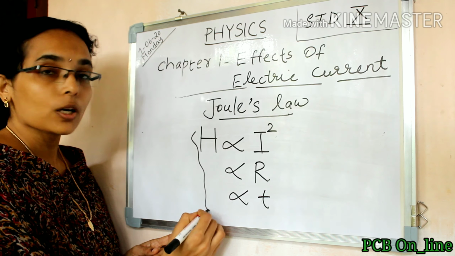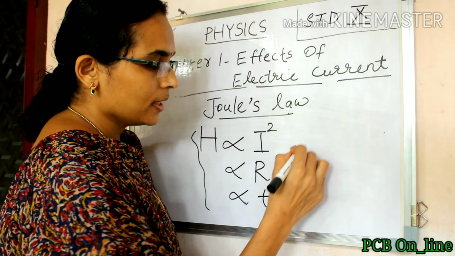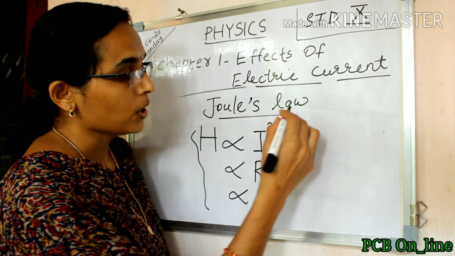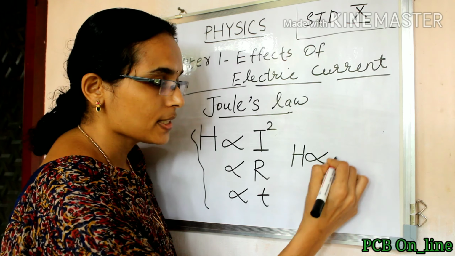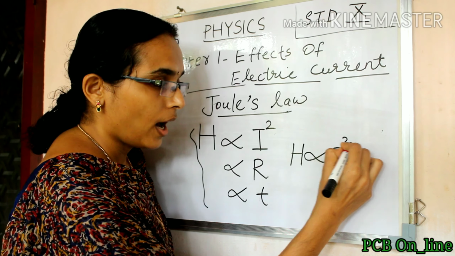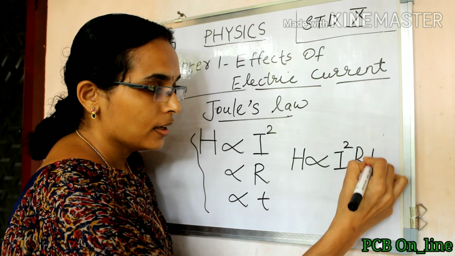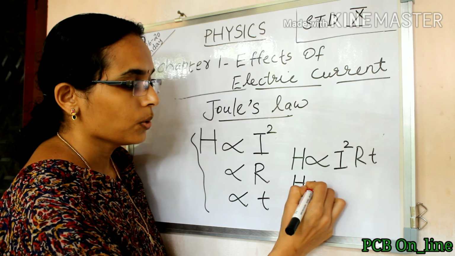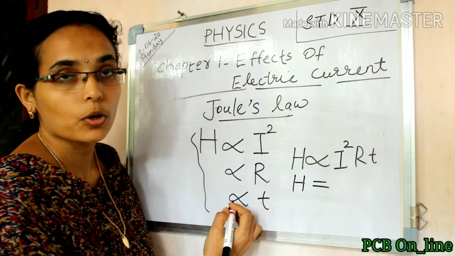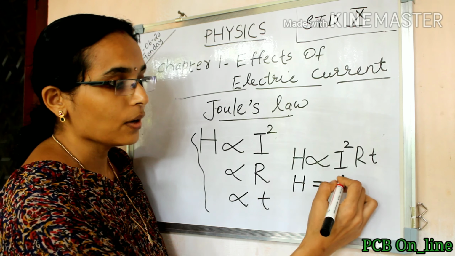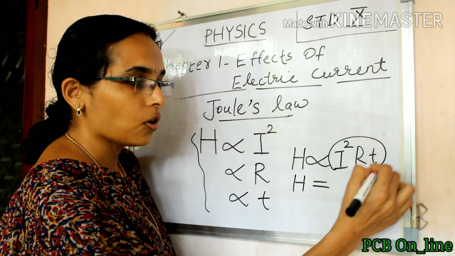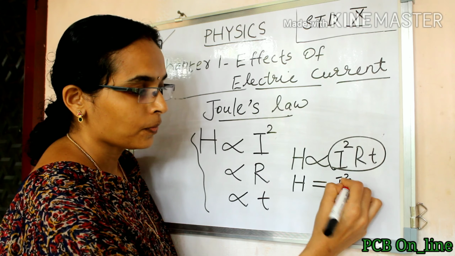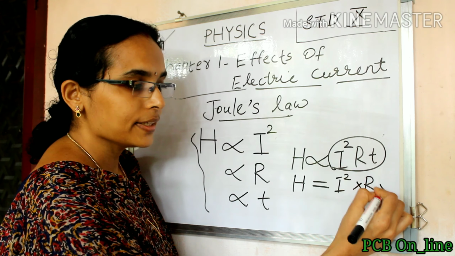By combining all this, we get the mathematical expression for Joule's law as H is directly proportional to I square R T. That is, heat produced in a conductor is equal to the product of I square R and T.